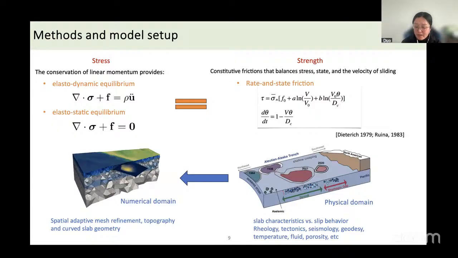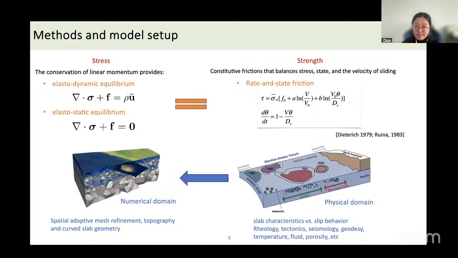Tau, the shear strength, is controlled by the effective normal stress, sigma n, and f0 is a constant friction coefficient. V is the slip rate on the fault, and theta is the contact time or contact history between the two surfaces.